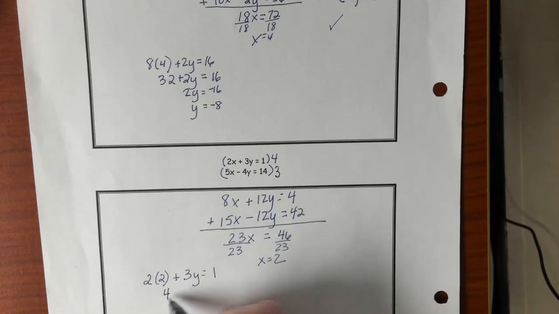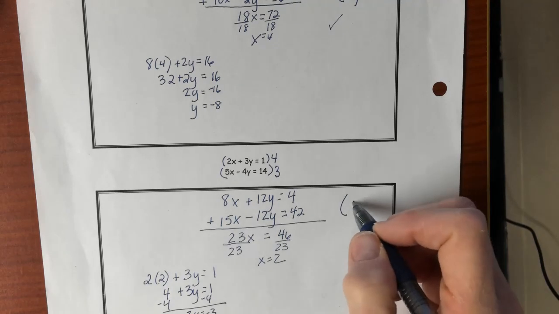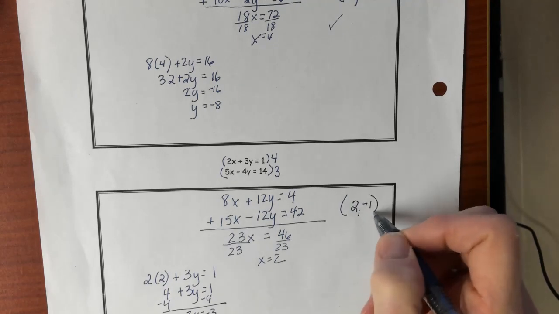So we get 4 plus 3y equals 1. Subtract 4. You get 3y equals negative 3. So y equals negative 1. My solution is 2, negative 1.